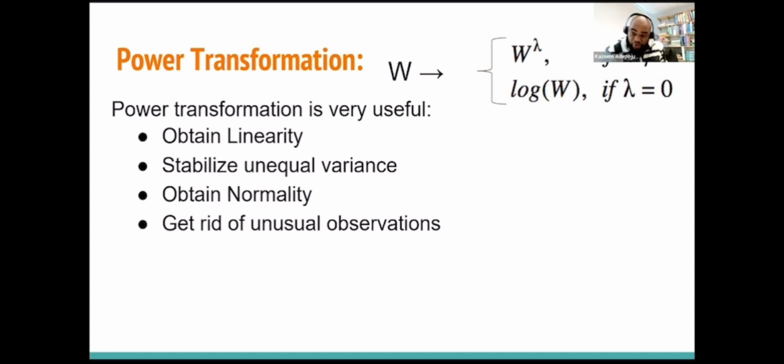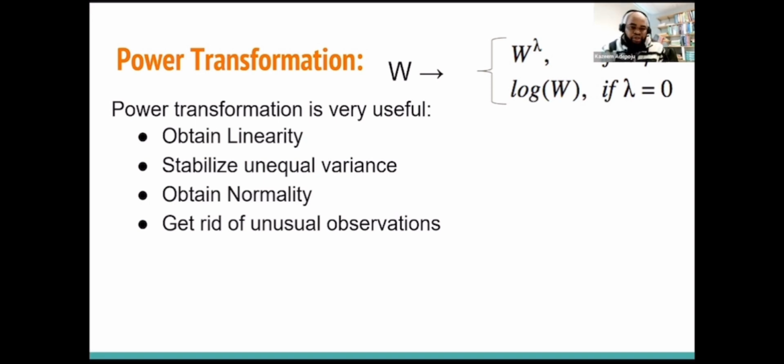And when I say violations, it could be violation of linearity, constant variance, normality, or unusual observations. In the example that I walked you through the other time, we only saw an outlier, the African elephant. When we looked at the weight of the African elephant and the Asian elephant, we suspected an outlier.